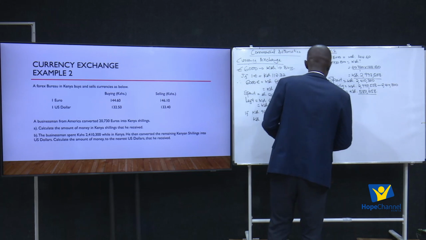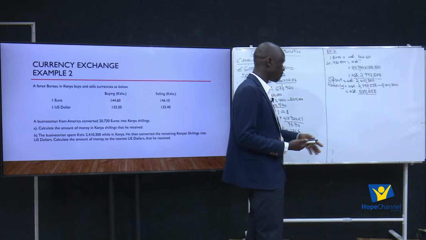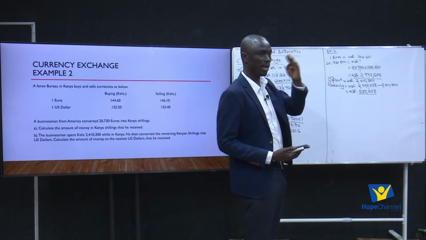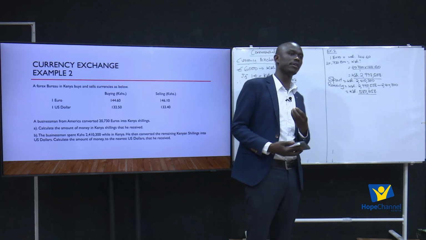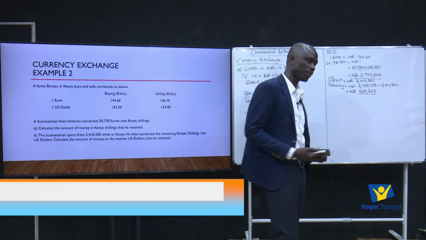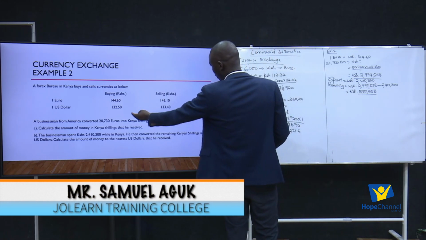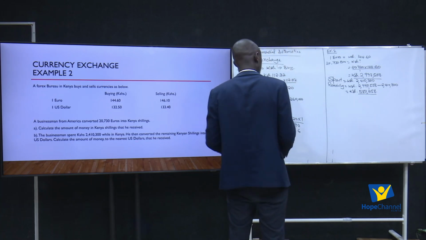So we now go to the bank again, having Kenya shillings. Now we want to find the dollars, that is the foreign currency. So what will the bank do? Now we want the foreign currency, so the bank will sell. We come here and ask ourselves, $1 US is buying at 132.50 and it's selling at 133.40.